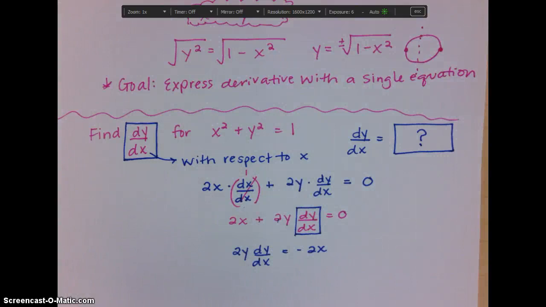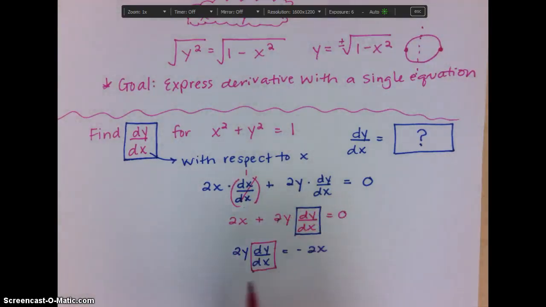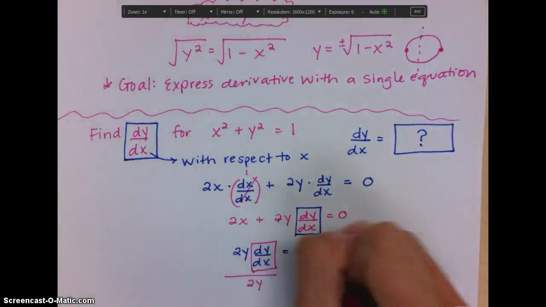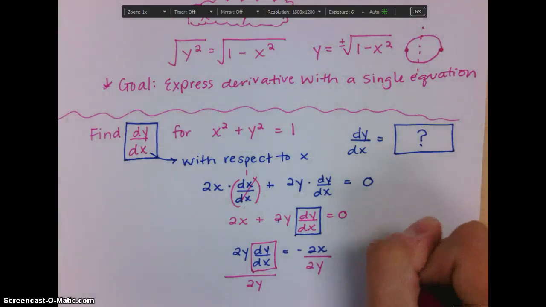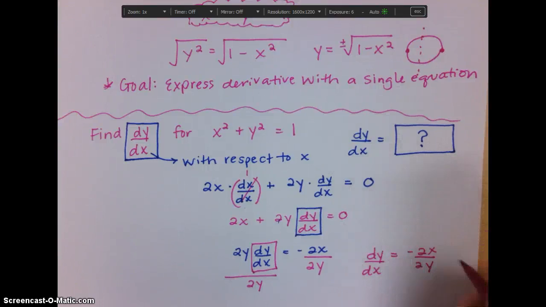And then lastly, I need to get the actual dy dx all by itself. So in order to make that happen, I need to get rid of the 2y, and because it's being multiplied, I can divide it away. So that leaves my final answer, dy over dx equals negative 2x over positive 2y.